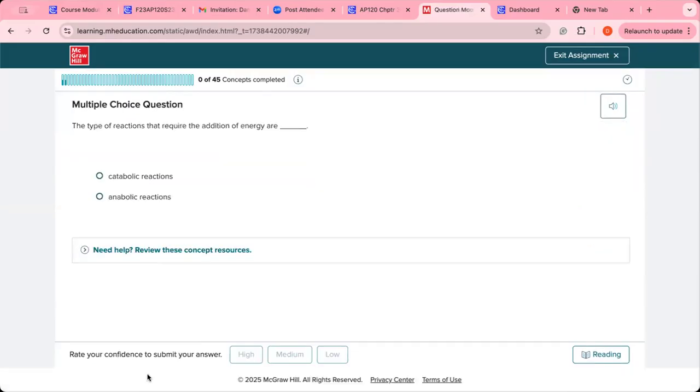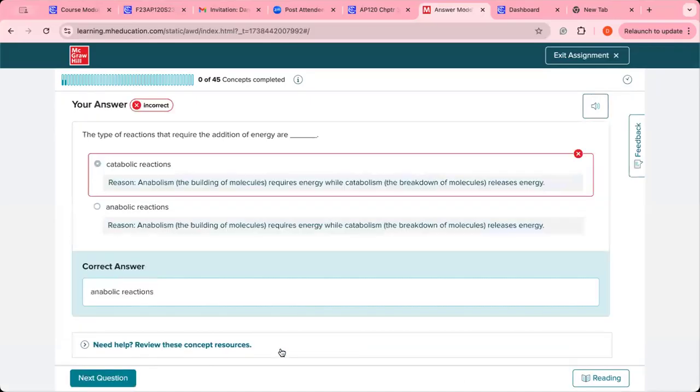Okay. The type of reactions that require the addition of energy are catabolic, I believe, because they're the ones that, I'll tell you why. Go ahead and click on it, catabolic, and I'll tell you how I remember it. Oh, wait. That's wrong. I didn't know that.